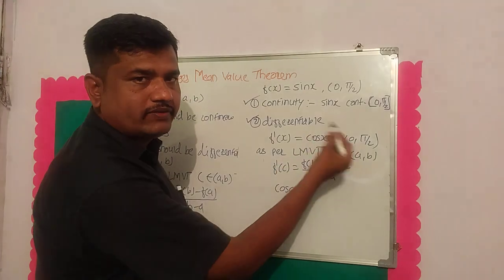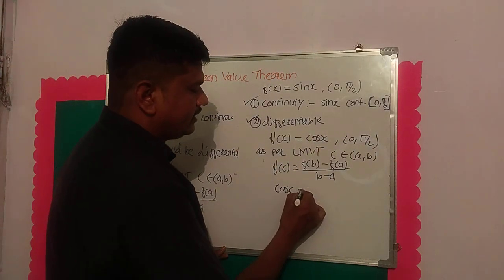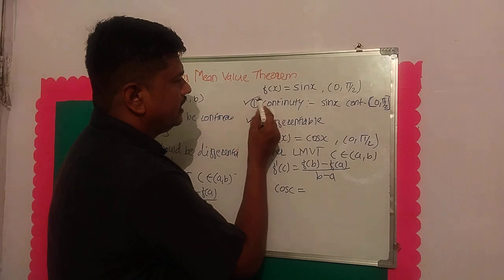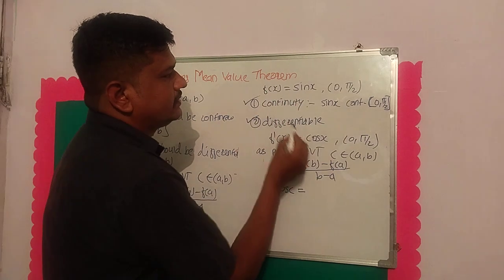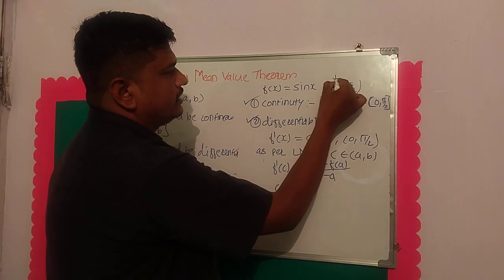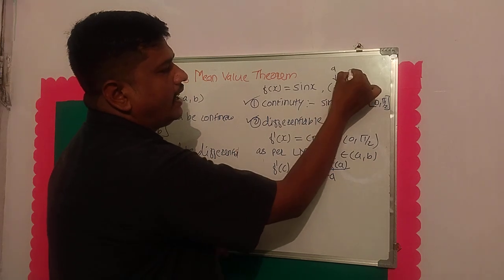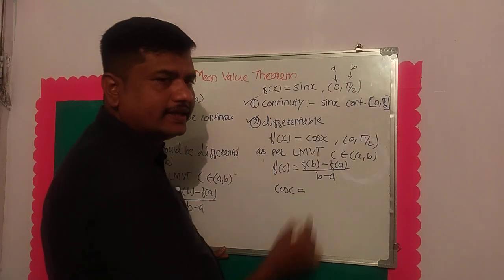And this will be equal to, see here, f of x is sine of x, and this one is your A, and this one is your B.